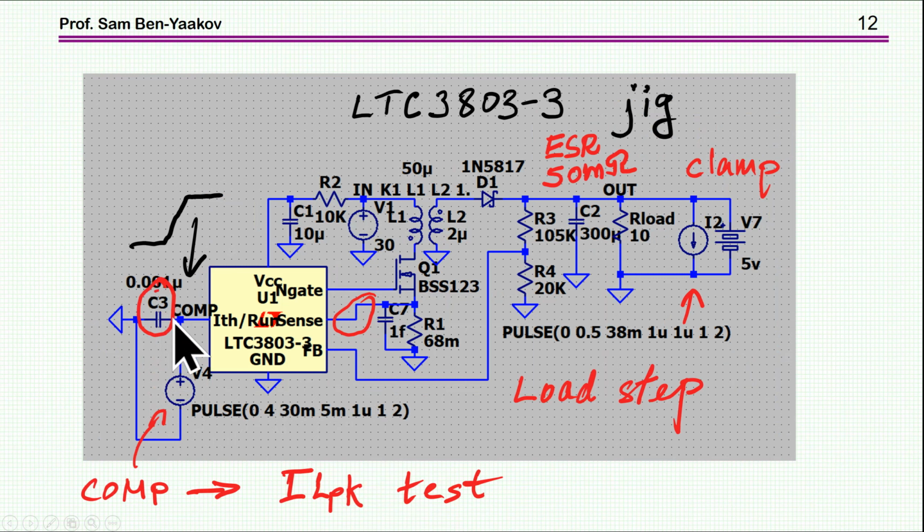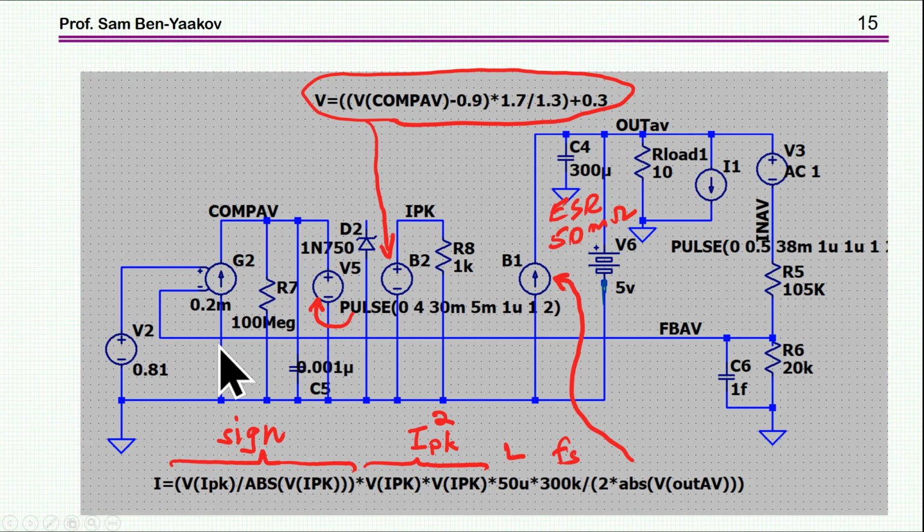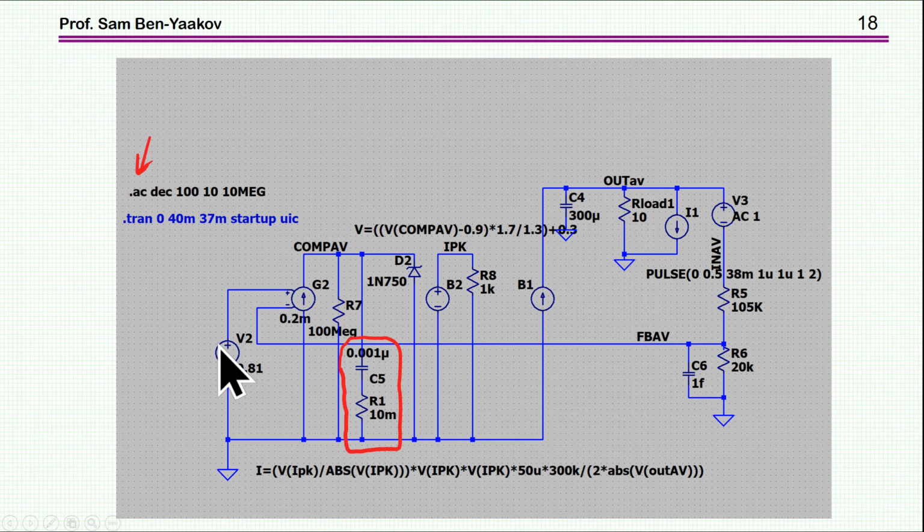Okay, this is the actual jig, the original one. In this case, this is only a capacitor. I've just put here 10 milliohm, which doesn't do much. So this is rather a poor compensator because it has only a pole.